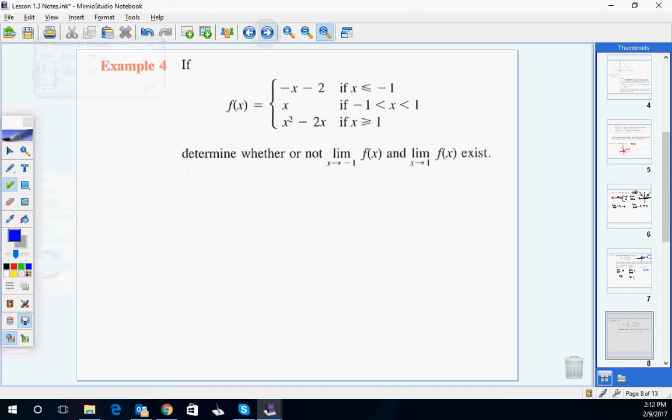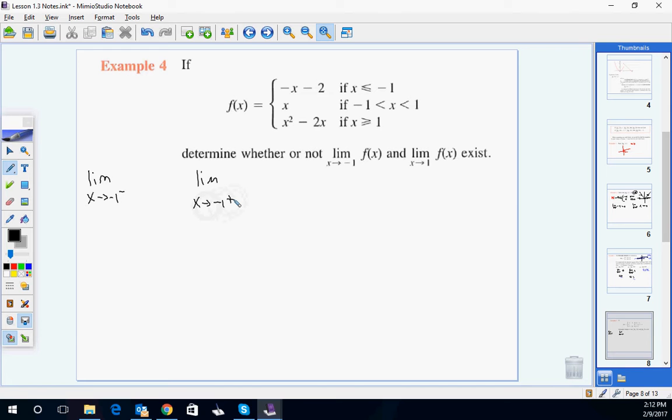So example 4. Now we actually have a lot going on here. We want to determine whether the limit as x goes to negative 1 and the limit as x goes to 1 exists. So let's do negative 1 first. Let's look at negative 1 from the left, and negative 1 from the right.